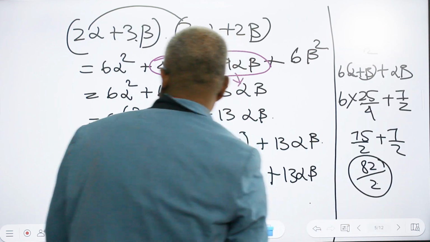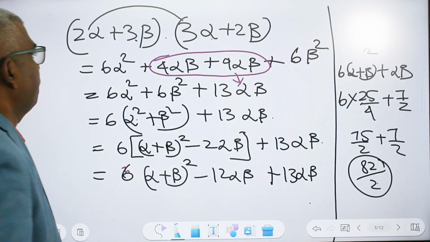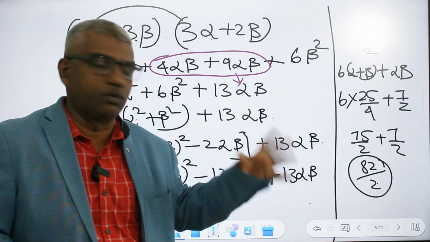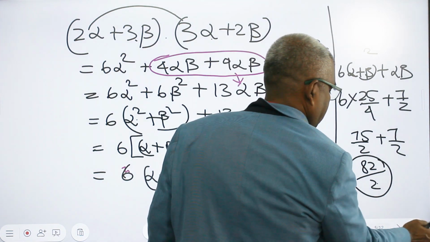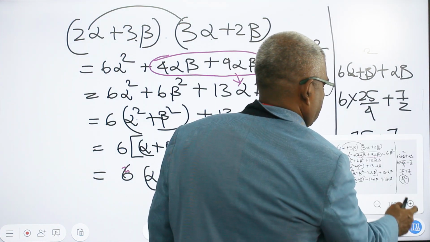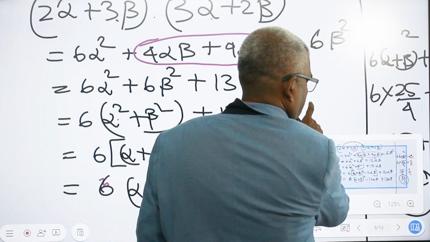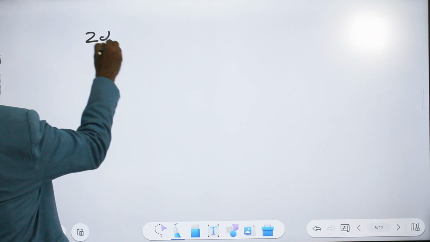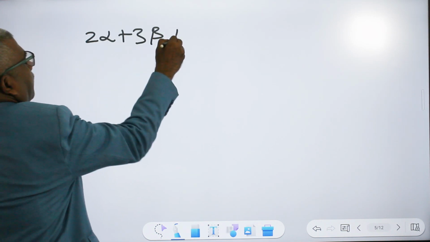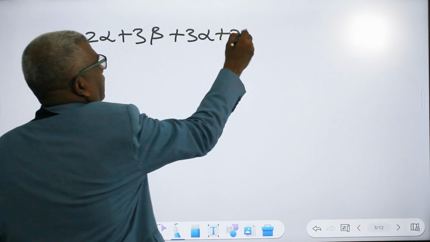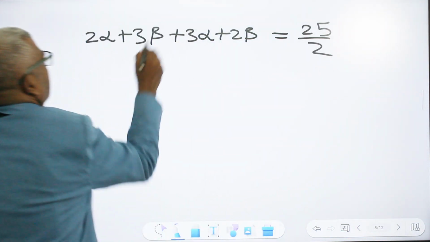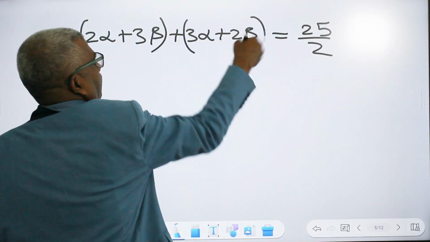Now frame the equation. We found the sum of the new roots. Sum of the new roots, 2 alpha plus 3 beta plus 3 alpha plus 2 beta, is 25 by 2. This is one root, this is another root.